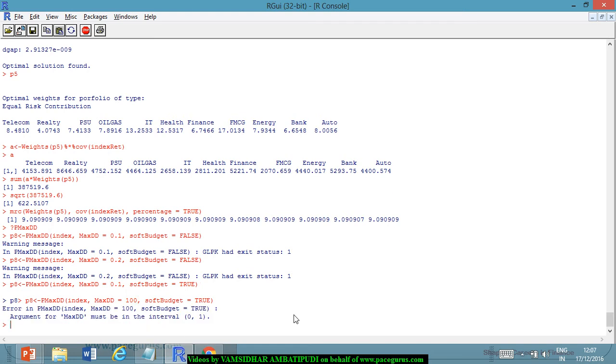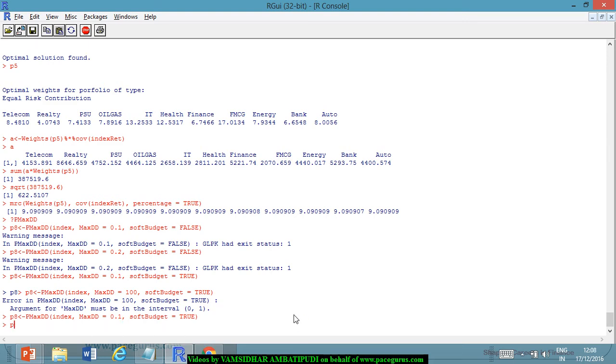It should be in the interval 0 to 1. So this is a pure percentage. I have to talk about the maximum drop purely in terms of the percentage itself. If I am setting it 0.1, it should be like a 10% drop.